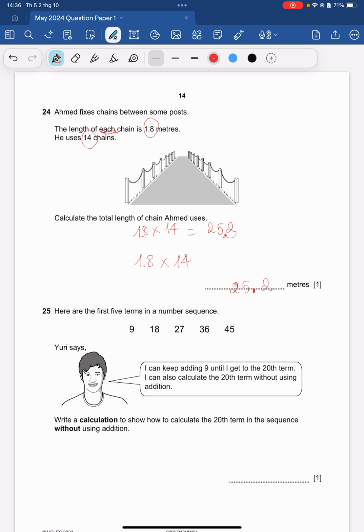Okay, let's try the next one. 25. Write the calculation. Here are the first 5 terms. It says I can keep adding 9 until I get to the 20th term. I can also calculate the 20th term without using addition.